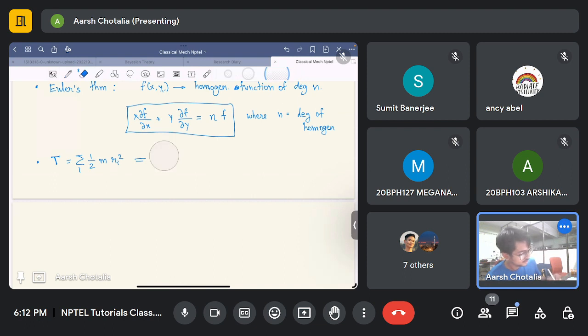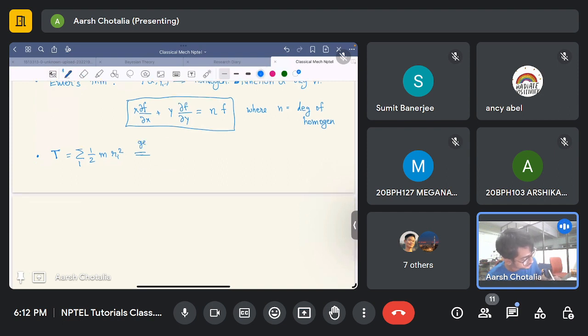So when we convert into generalized coordinates, we can have terms T0, T1 and T2, where T2 is quadratic in velocities, T1 is linear in velocities, and T0 doesn't depend on velocities.